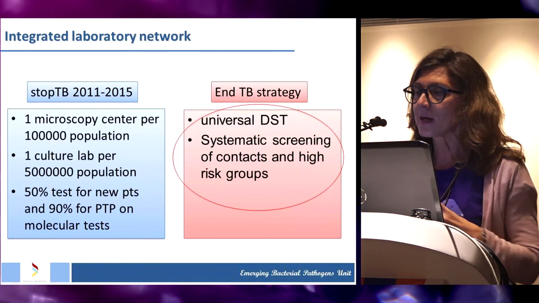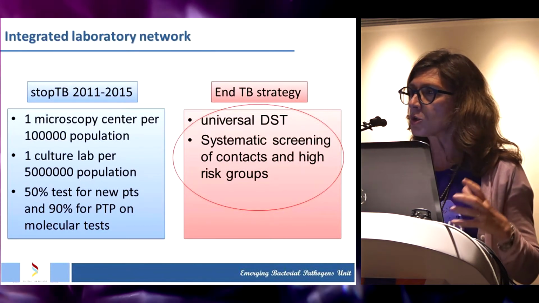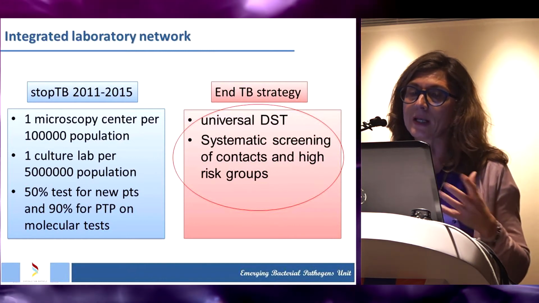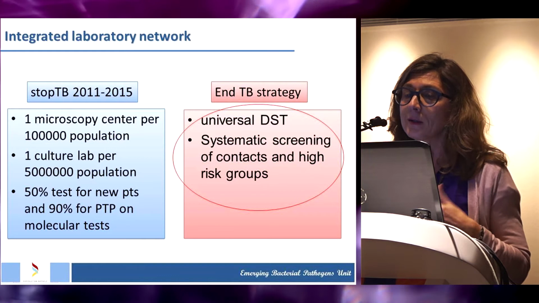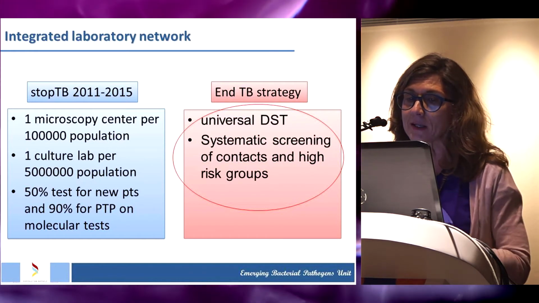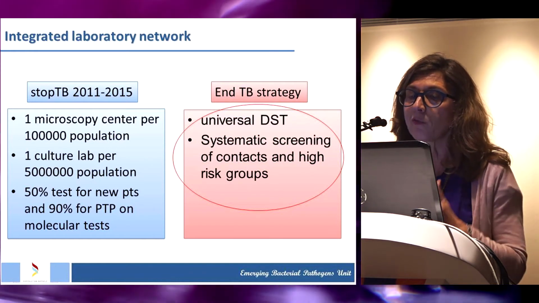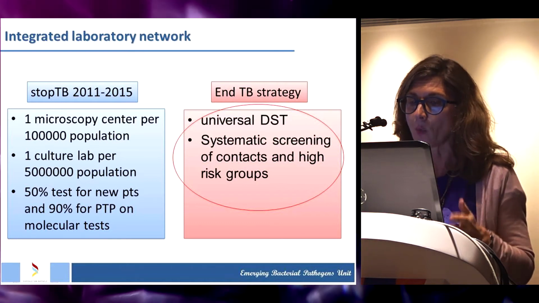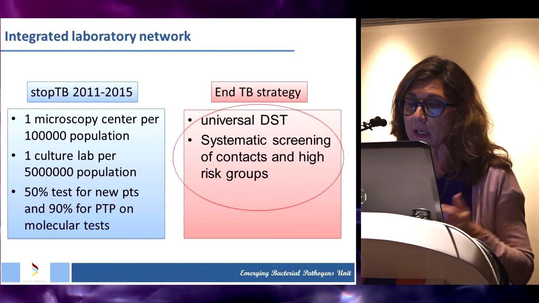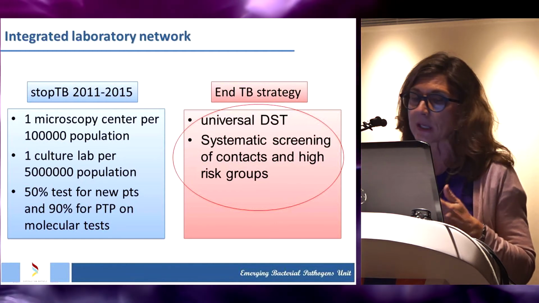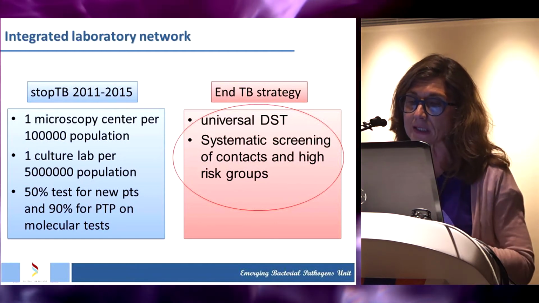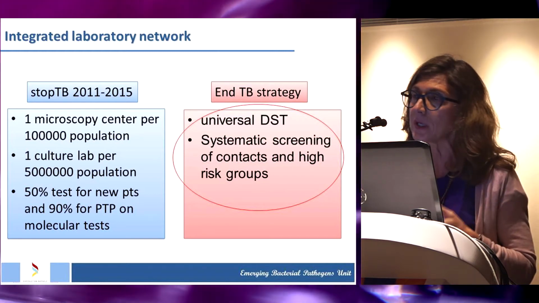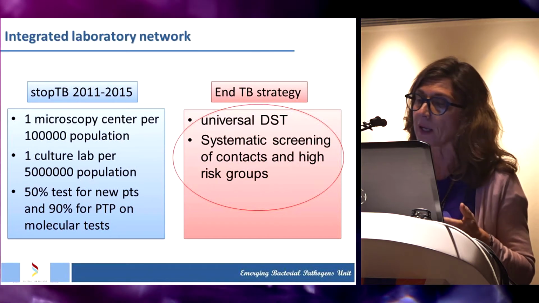The integrated laboratory network is also evolving under the WHO recommendation. In the Stop TB plan 2015, which is ending this year, they were calling for one microscopy center per 100,000 population, one culture lab per 500,000, and then 50% of the new patients and 90% of the previously treated patients tested with molecular tests.